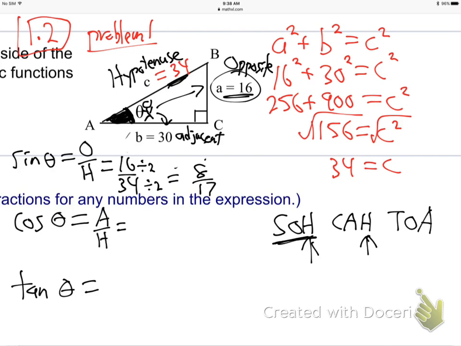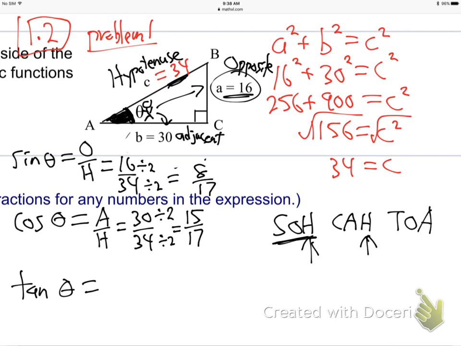So the adjacent side is the 30. The hypotenuse is still the 34. Is that making sense there? So from angle theta, the adjacent side is 30, the hypotenuse is 34. Reduce that like you would any fraction. Divide by 2 top and bottom. 15/17. So the cosine of angle theta is 15/17.